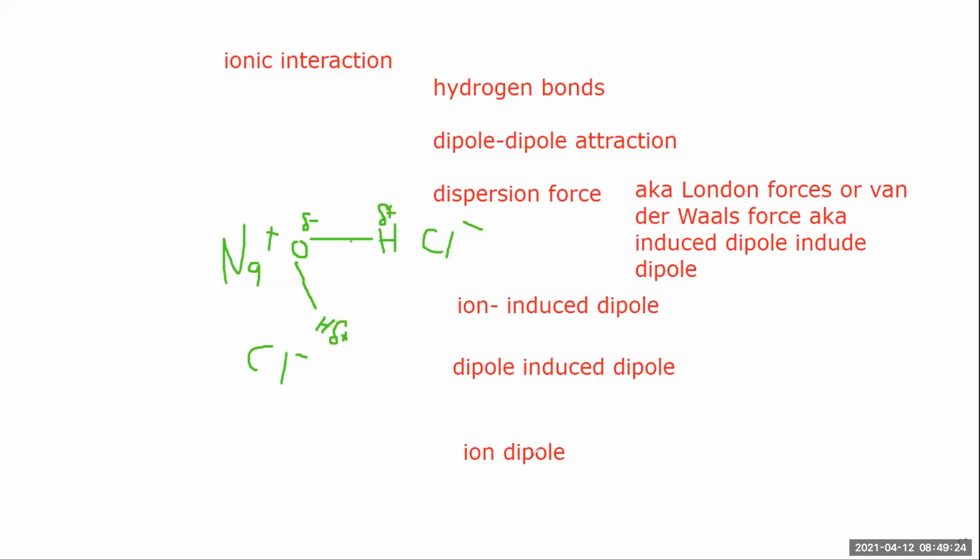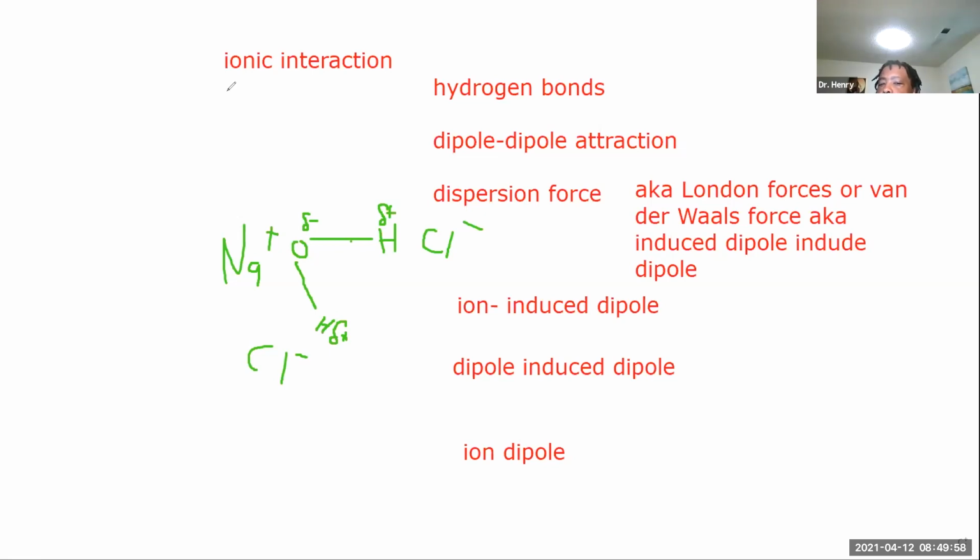Yep. Okay, so who do you think is going to be next in line? You guys said the ionic interaction is going to be the first. Isn't it the dipole-dipole?